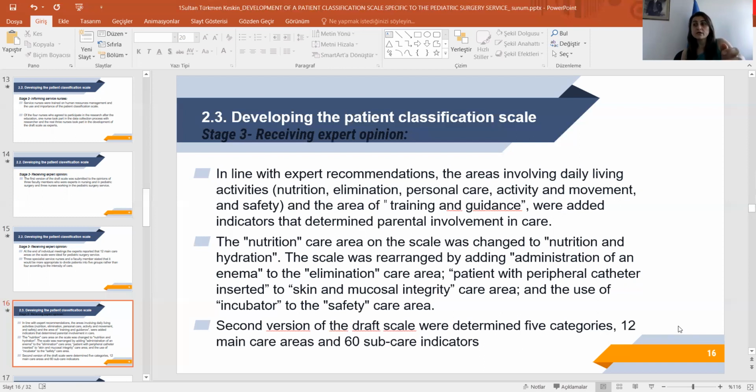The scale was rearranged by adding administration of enema to the elimination care area, patients with peripheral catheter inserted to the skin and mucosal integrity care area, and the use of incubator to the safety care area. The second version of the draft scale has 5 categories, 12 main care areas, and 60 sub-care indicators.